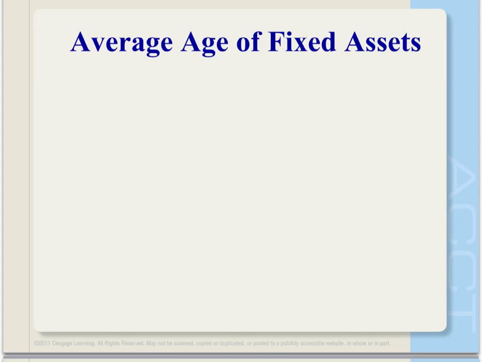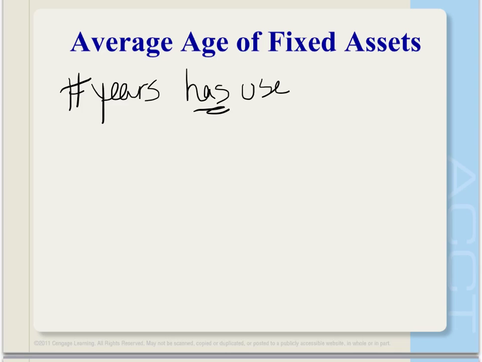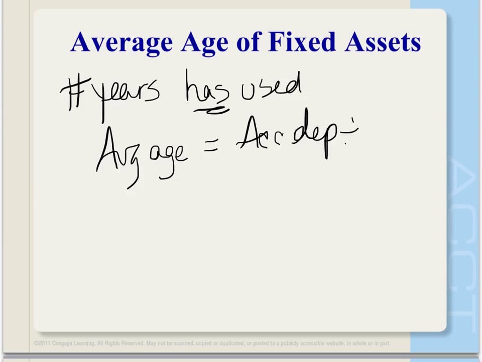In addition to that, we can also take a look at the average age of our fixed assets, and this represents the number of years on average that the company has used its assets. It's calculated by average age equals accumulated depreciation divided by the depreciation expense.